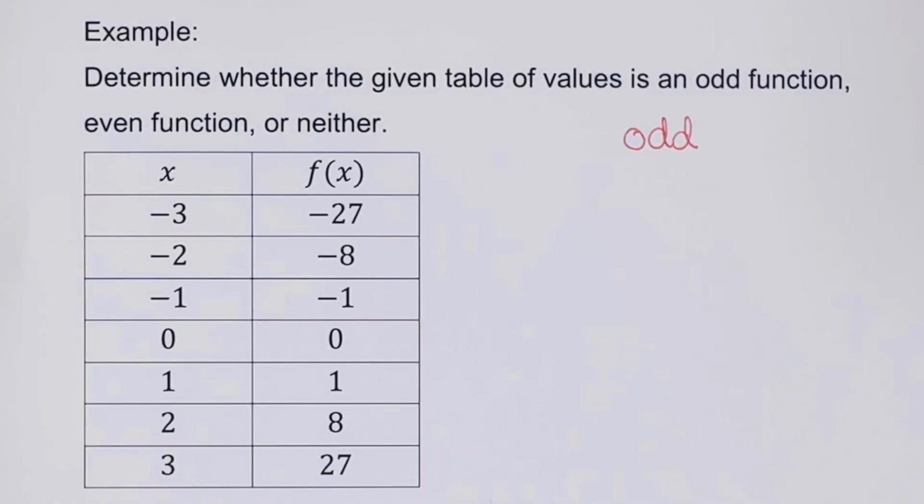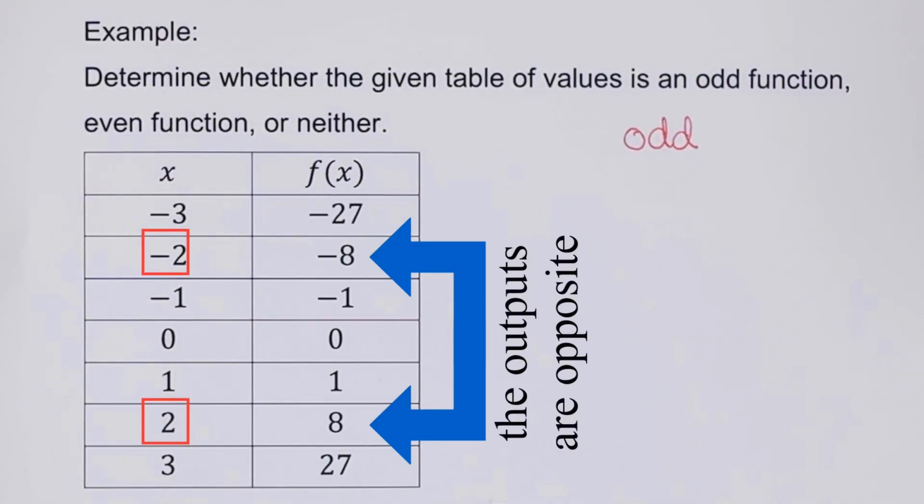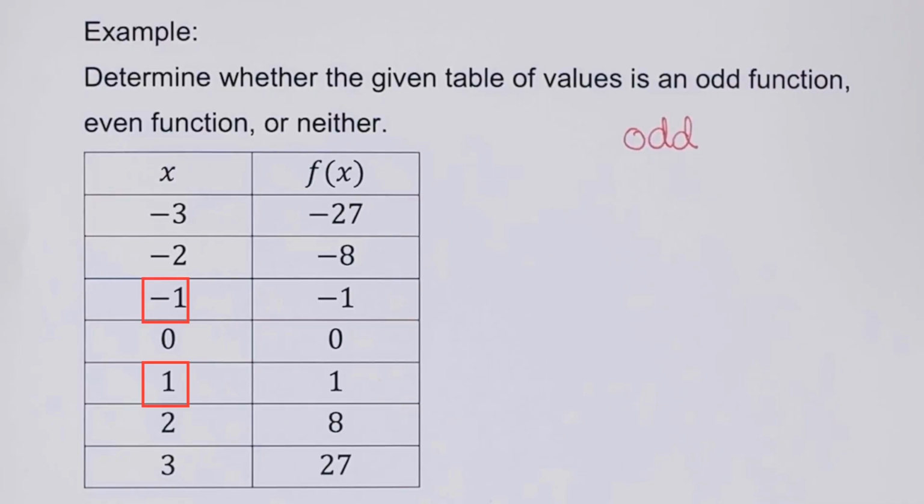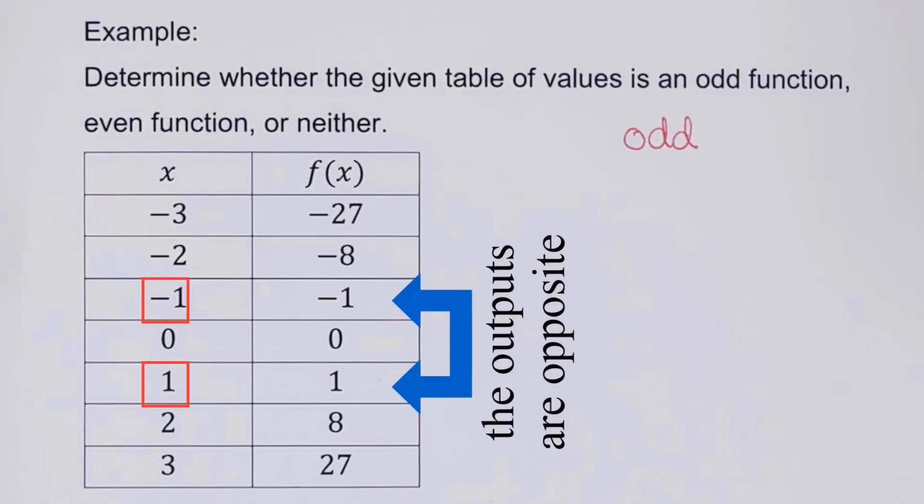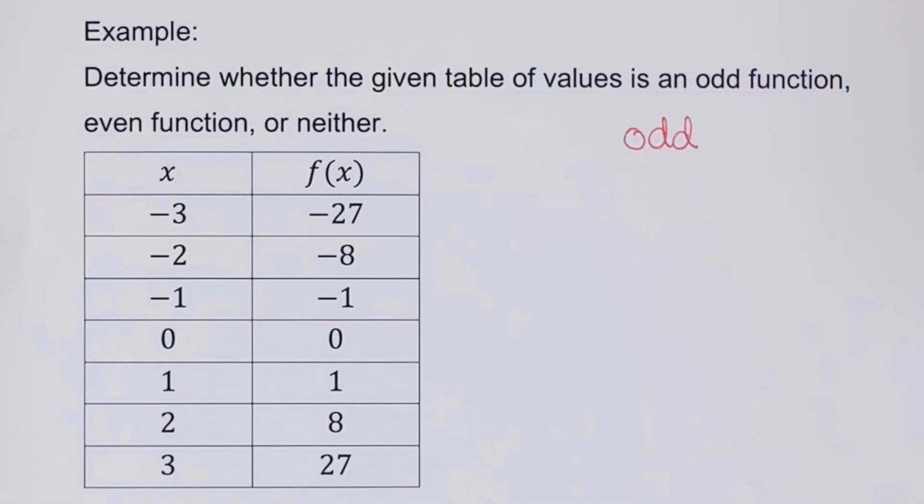And if we look at positive 2 and negative 2, their outputs are opposite, positive 8 and negative 8. The same thing with positive 1 and negative 1. Their outputs are opposite. So this is one of the properties of an odd function.